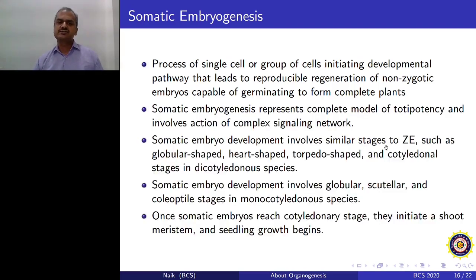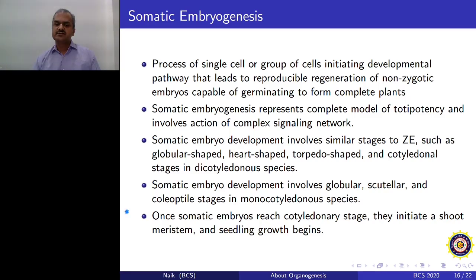That is called somatic embryogenesis. It represents a very complete model of totipotency and involves the action of a complex signaling network. Somatic embryo development involves stages similar to zygotic embryos, which are globular, heart, torpedo, and cotyledonary stages in dicotyledonous species, whereas in monocotyledonous species you will see globular, scutellar, and coleoptile stages.